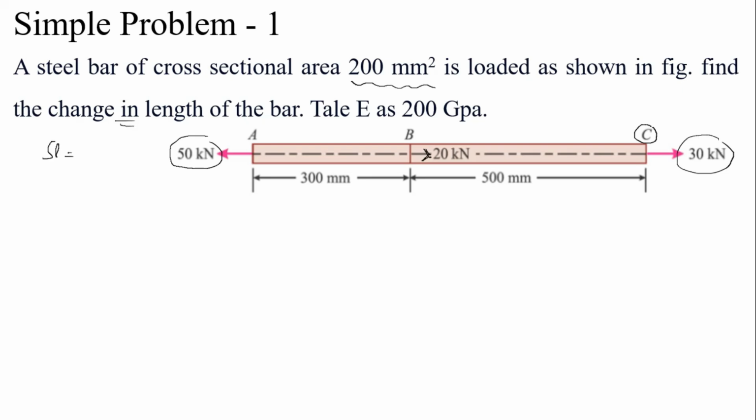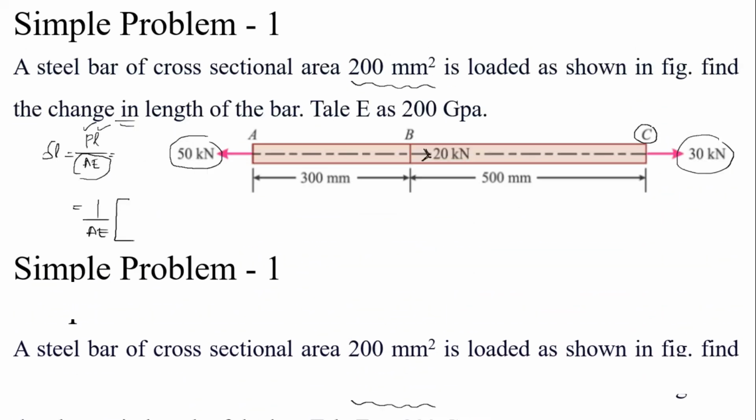Now they are asking for the change in length, del L, which is equal to, as we already know, PL by AE, right. Different sections are there, multiple sections, that is why P and L are both changing, and A and E are constant. So, we have to take 1 by AE, and here two sections are there, right.